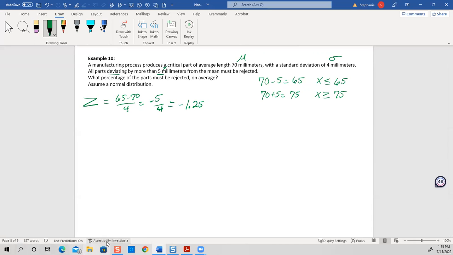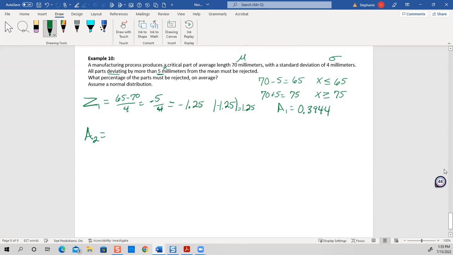Now, when you go to the Z table to find this area, we know that we have to take the absolute value to get the Z. So we'll go down to 1.2, to the right 0.05. We find that the area here is going to be 0.3944.